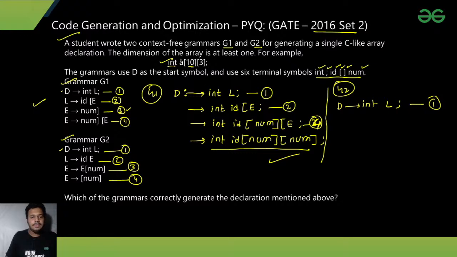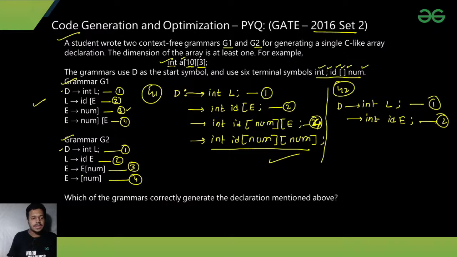Now the next thing is that we should generate the id for this variable a, right? So in place of this L, we can use production rule 2, which will look something like id E. Now after that we need to generate the two starting braces and ending braces with the number.